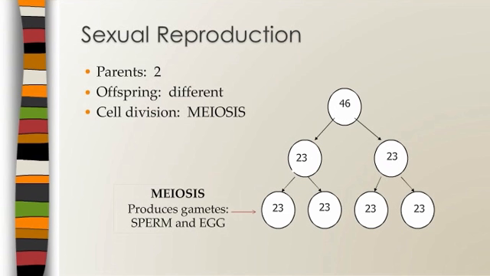Make sure you filled in the numbers correctly on your graphic organizer, showing that you start with 1 cell with the normal number of chromosomes, and you end with 4 cells with half the normal number of chromosomes.